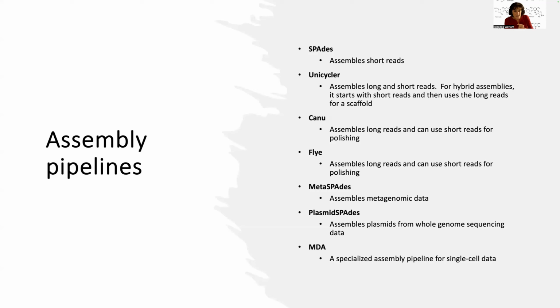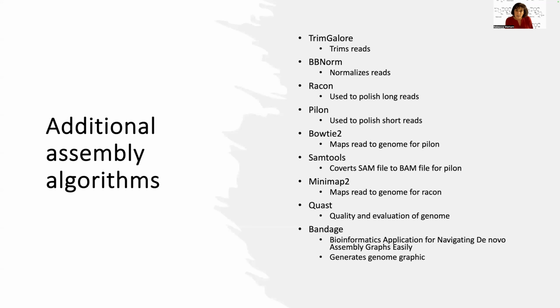We also have MetaSPAdes, which you can use to assemble metagenomic data, plasmidSPAdes, which is trying to pull a plasmid out of a more complex mixture of data, and MDA, and that's a specialized assembly pipeline for single cell data. There are other additional assembly algorithms. For the trimming, we use Trim Galore.